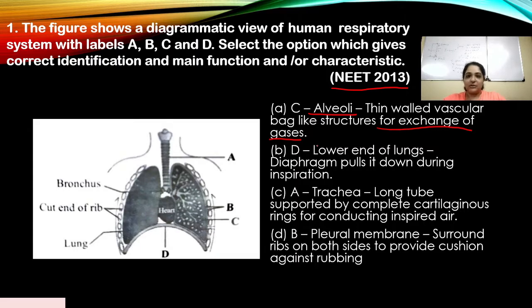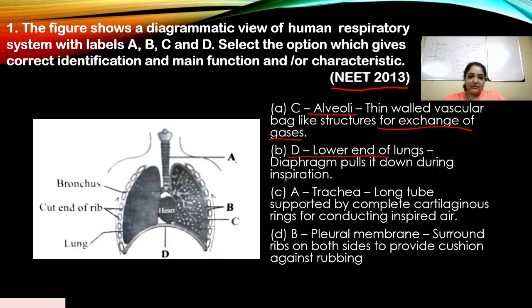Option B says D, lower end of lungs. Now D does not really point to the lower end of lungs. It points to the diaphragm. The diaphragm pulls down during inspiration, but this option does not seem correct. Let's move on to the next option, which is C, A, trachea.